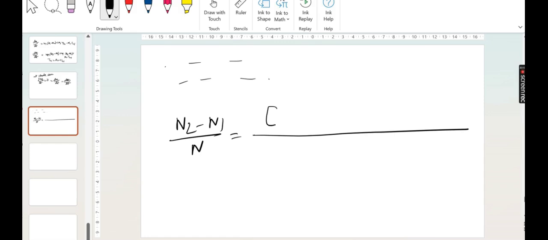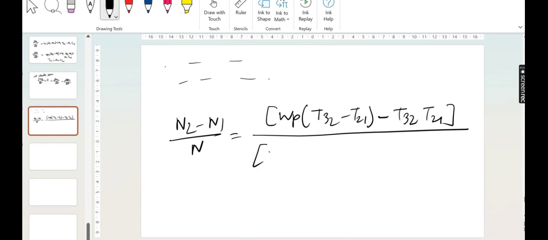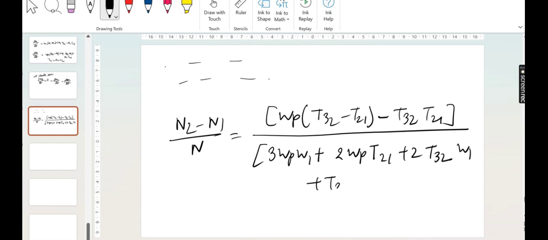It is 3 T32 by (3 W3 W1 + 2 W3 T21 + 2 T32 W1 + T32 WP + T32 T21).